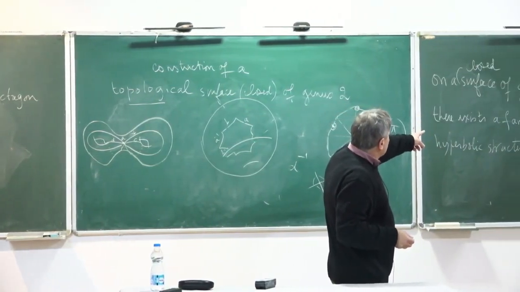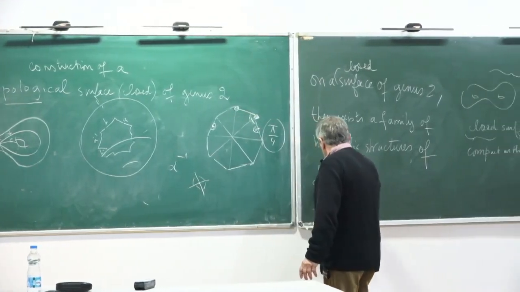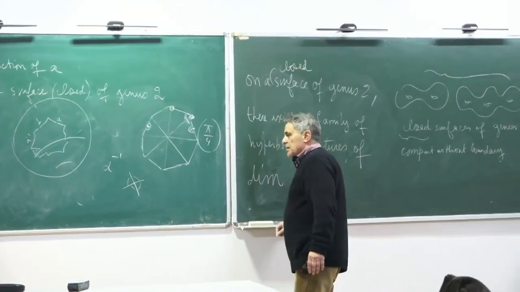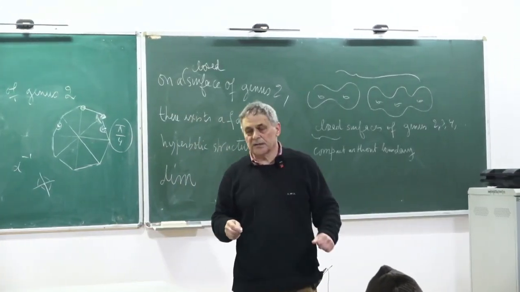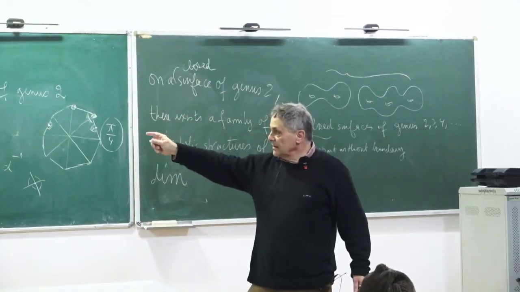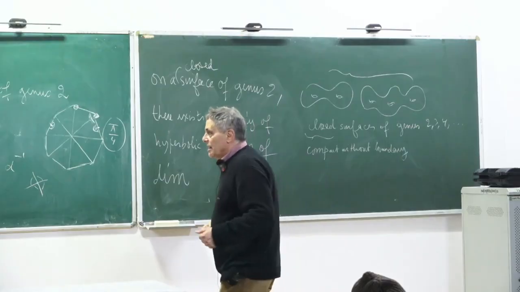So on a closed surface of genus 2, there's this family, and there's a dimension. The dimension is the number of parameters.